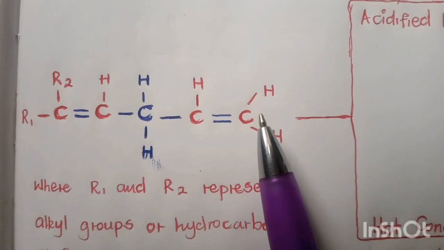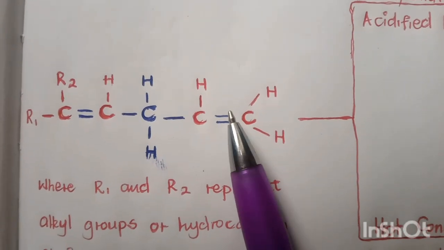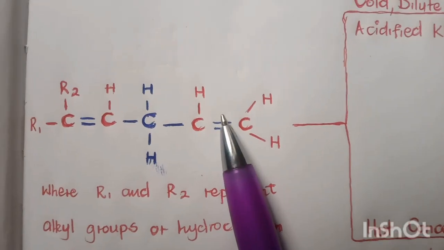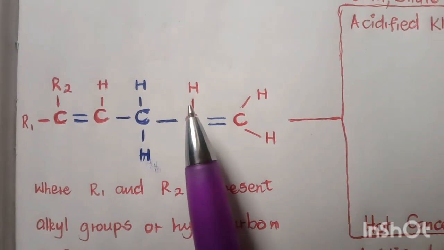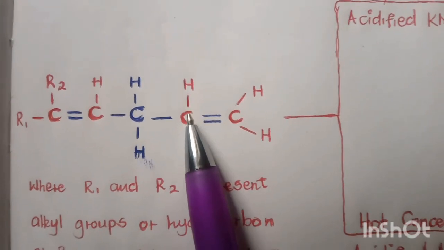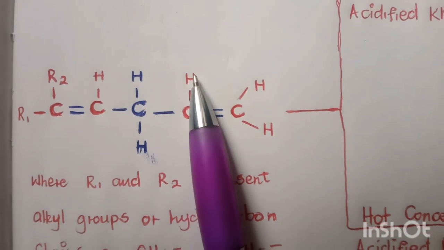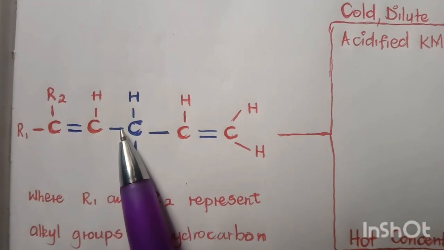Now, as I said, oxidizing the alkene using hot concentrated acidified potassium manganate will break the molecule. So we're going to form carbon dioxide when this breaks apart, and the remaining part, the other carbon atom, is attached to a hydrogen and the other atom to which it is attached is a carbon.